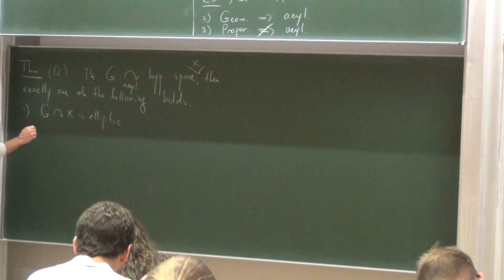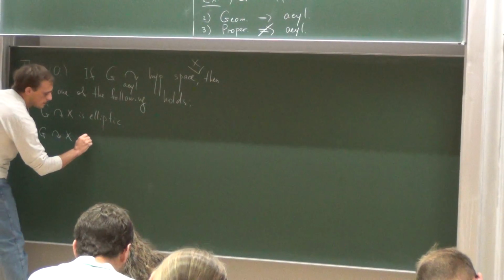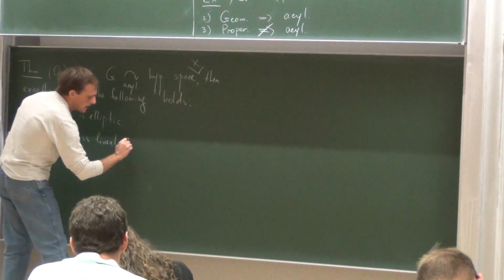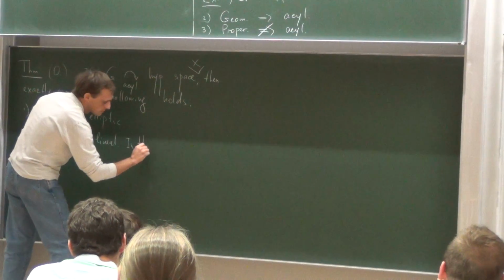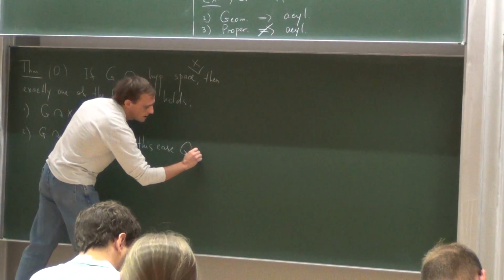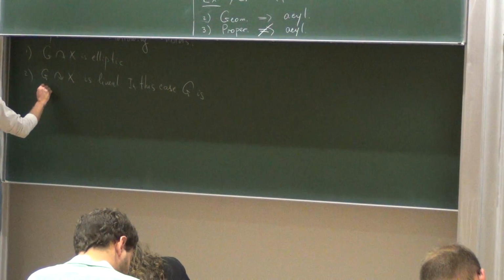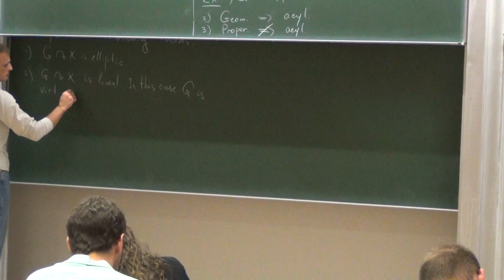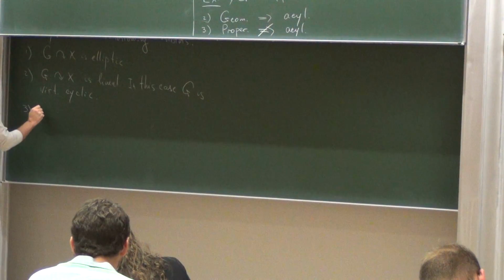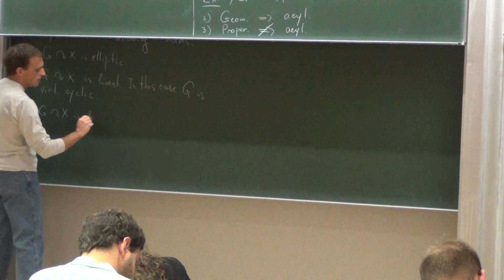The second is that the action on X is lineal, and in this case, G is virtually cyclic. And the third possibility is that the action is of general type.